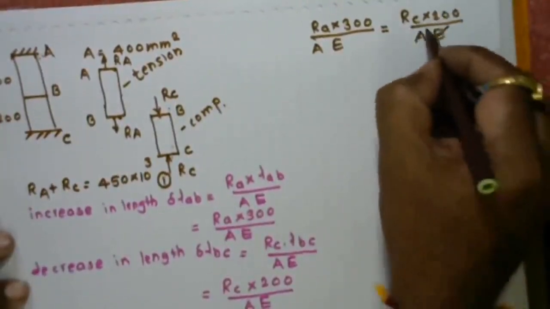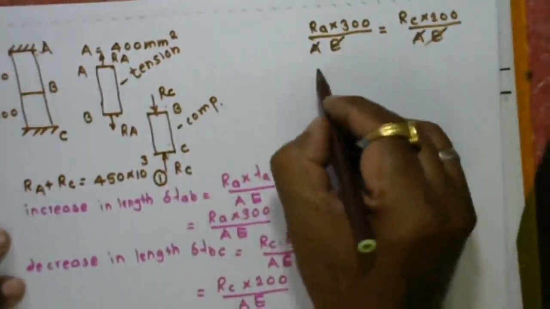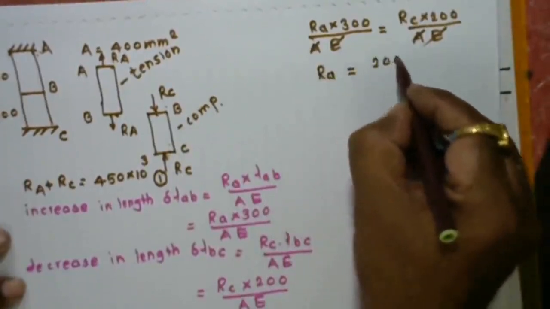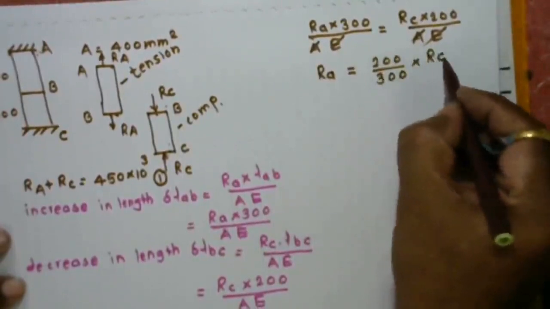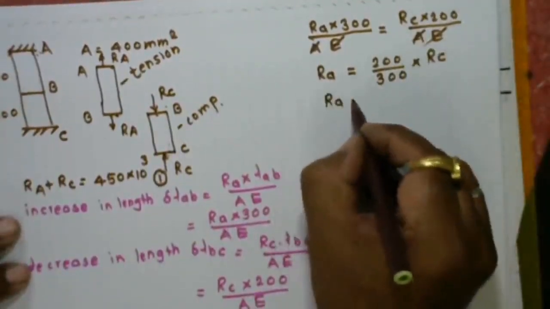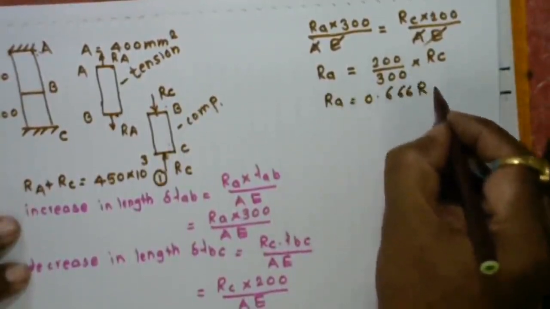Area and modulus of elasticity remain the same, so the denominator will cancel. So you may get RA is equal to 200 divided by 300 into RC. So RA is equal to 0.666 RC.